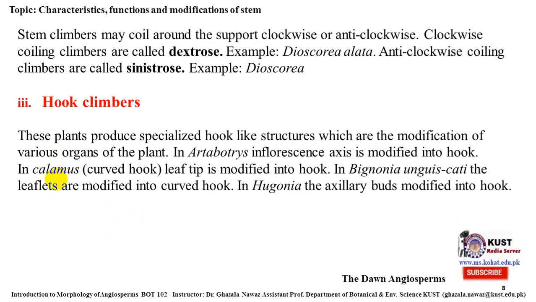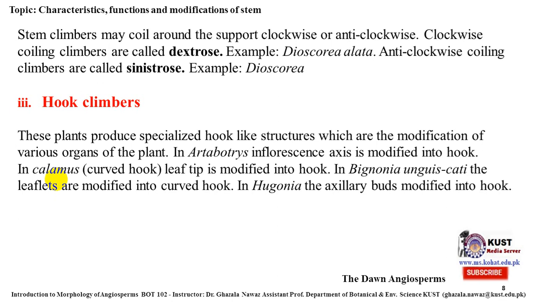Stem climbers are of two types actually. They may be clockwise or anti-clockwise. If they coil in a clockwise direction, they are called dextrorse, and if they coil themselves around the support anti-clockwise, they are called sinistrorse.